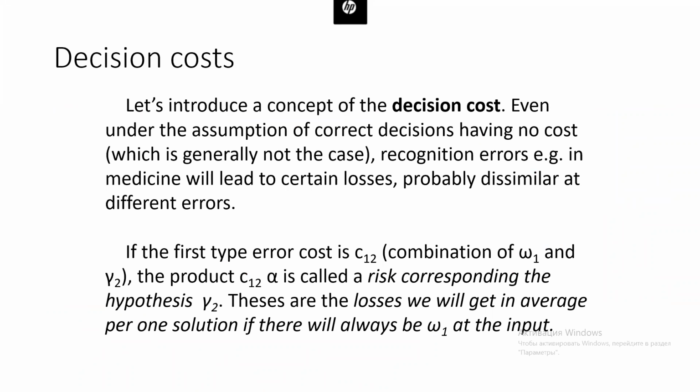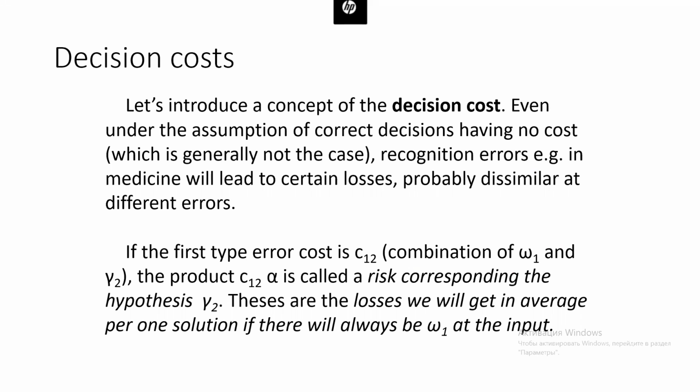So let's introduce the concept of decision cost. Even under the assumption of correct decisions having no cost, which is generally not the case, recognition errors, in our case in medicine, will lead to certain losses, probably dissimilar for different errors.